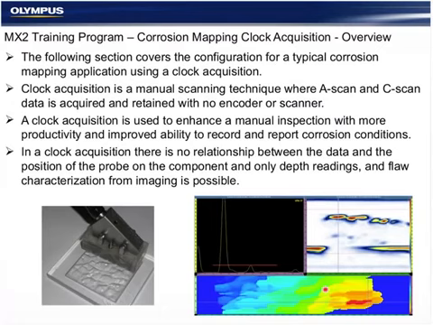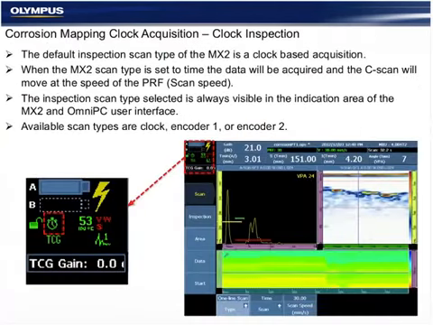When we hit the start button on the instrument, this C-scan will start to grow or start to acquire data as I move the probe. Without an encoder, there's no direct relationship between the data and the position of the probe. But the characterization, thickness, and where you find the thin spots are very relevant and the point of the inspection.